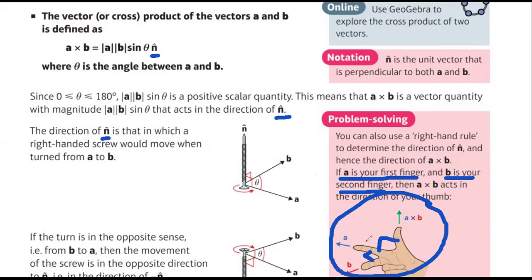A and B, also A and n, also B and n. This is the direction of A into B, also the direction of n. Same thing, same direction.